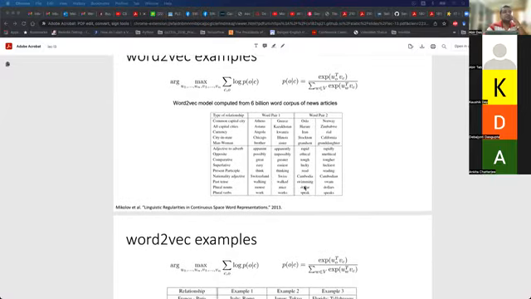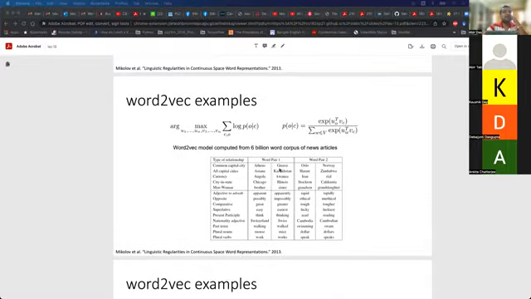Now, this is also another one where they computed on the 6 billion word corpus. After training the Word2Vec model, they computed on a 6 billion word corpus of news articles.